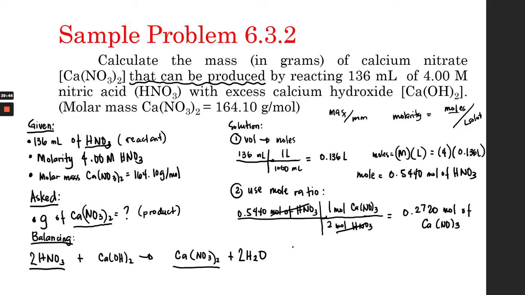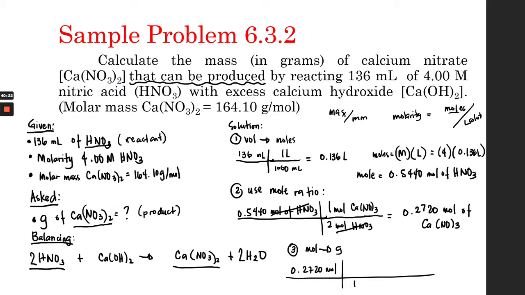Okay, and on the third step, you have to convert these moles into grams, which is what you were looking for. In order to do that, you use mass per molar mass. So about 0.2720 moles multiplied by the molar mass of CaNO3, which you were given as 164.10 grams per mole.